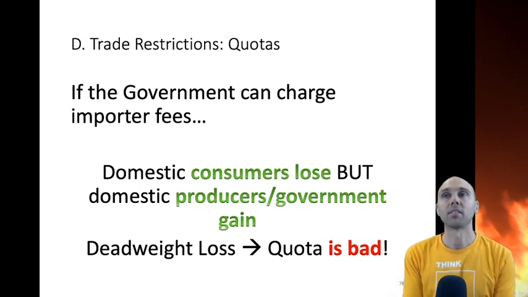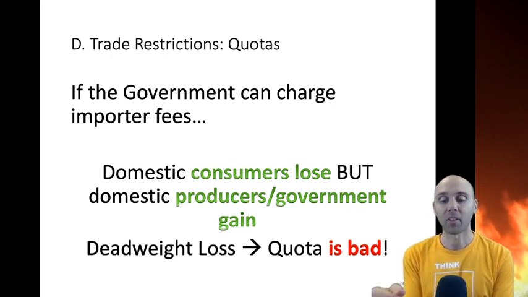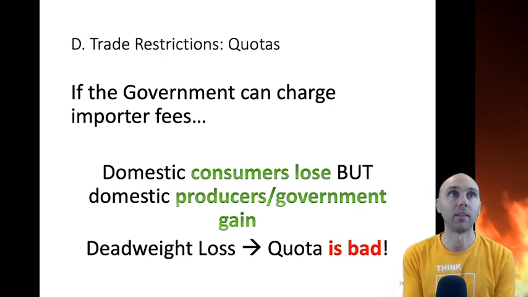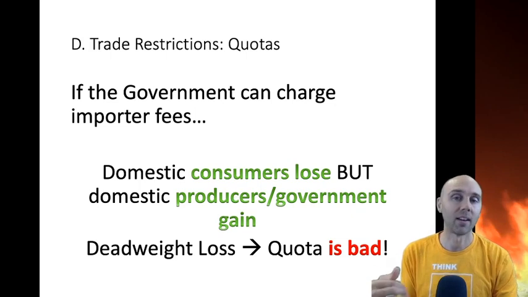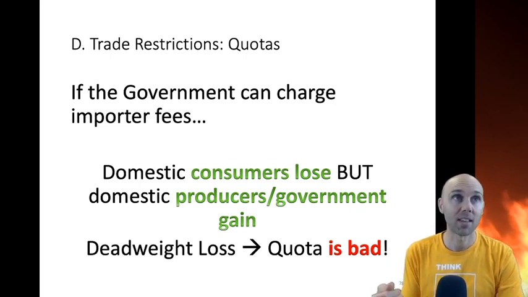There are two other reasons why quotas are considered worse than tariffs that don't fit into this analysis. The first is the incentives for corruption, in that the government chooses who gets to be the importers and who gets to have these bonuses, and some decisions have to be made about allocating those importer rights, and there's the potential for that to be exploited in a corrupt way.